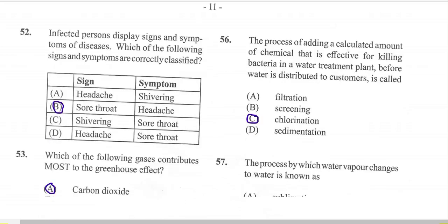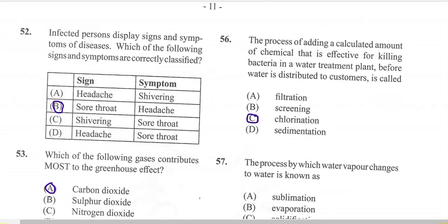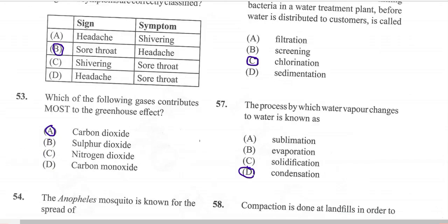For 53, which of the following gases contribute most to the greenhouse effect? Of course, that is going to be carbon dioxide. I mean, it is in a large portion there in the atmosphere, trapping pretty much the heat on the Earth's surface, and of course, a big contributor to the greenhouse effect.